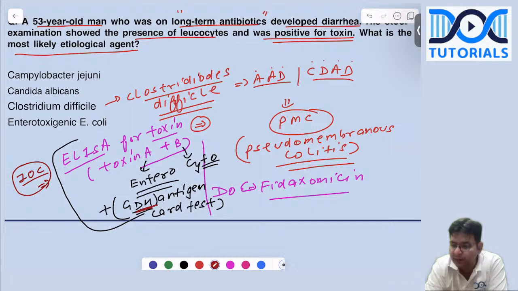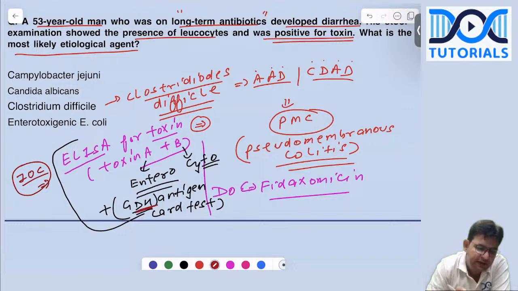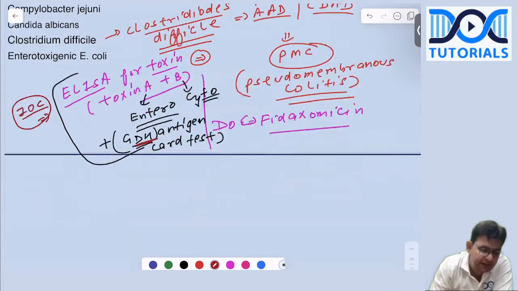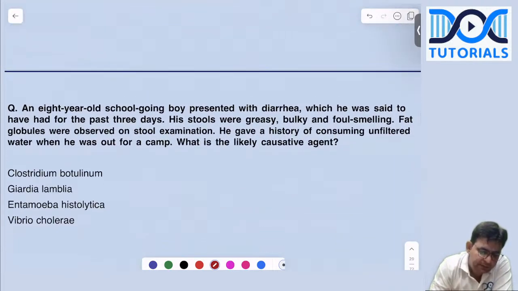Again, I'm telling you, glutamate dehydrogenase antigen detection. So whenever you hear about antibiotics and toxin, think of Clostridium difficile, which has this entero plus cyto combination. Is it fine, guys? Now come to the next one.